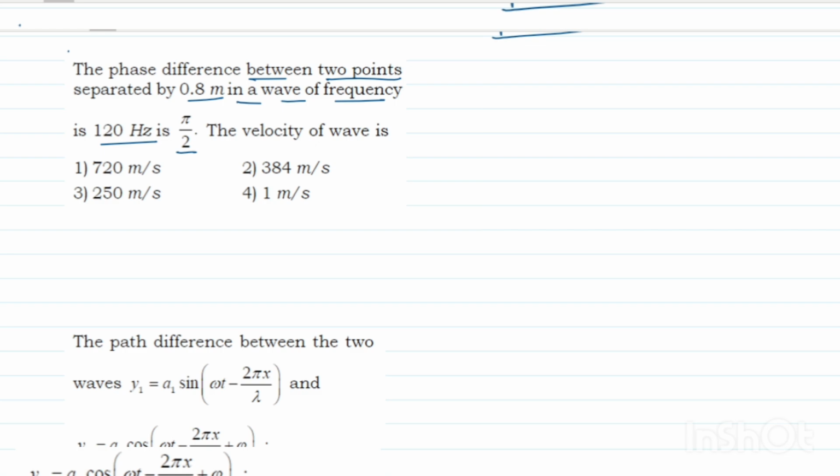So the two points are separated by a distance of 0.8, which means the path difference between the two points is 0.8 meters. The relation between phase difference and path difference is phase difference equals 2 pi by lambda into path difference.